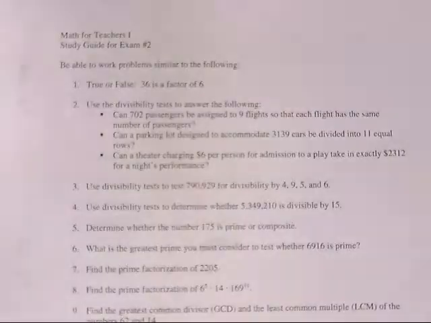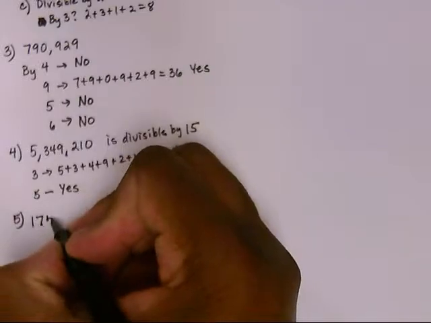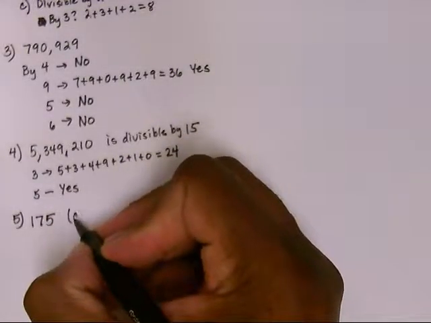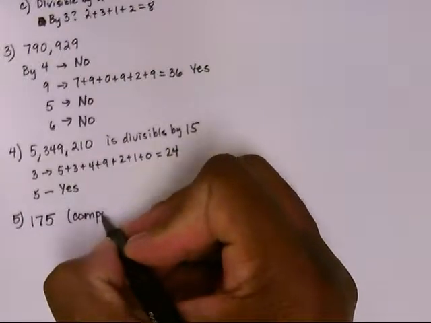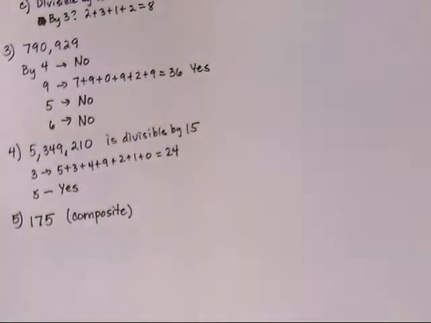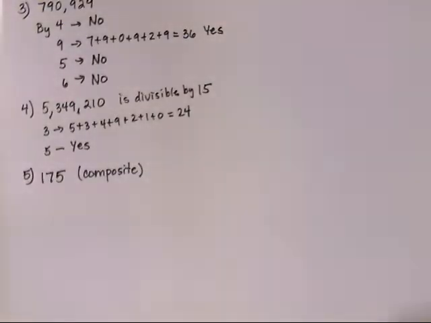In 175, we have more than 2 factors here, because I know 175 is divisible by 5. So in this case, this number is a composite number, okay? Because I know 5 can go into 175.